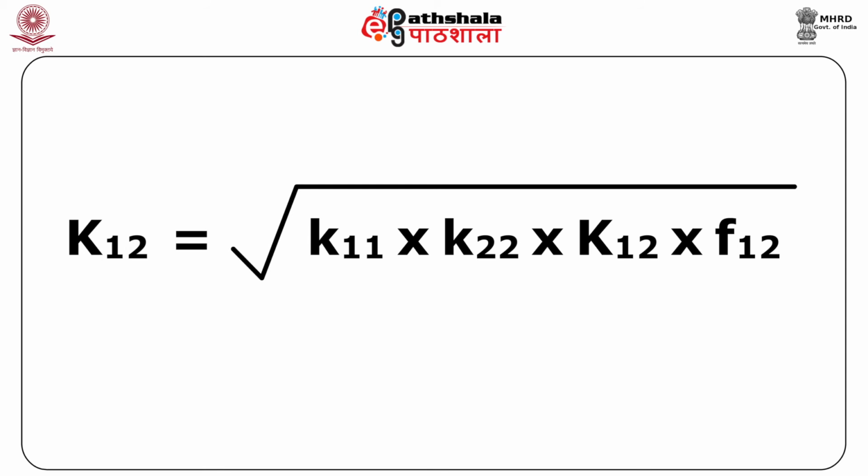So this is the equation. If we have the values of k11, k22, K12 and f12, we can calculate the overall constant k12.